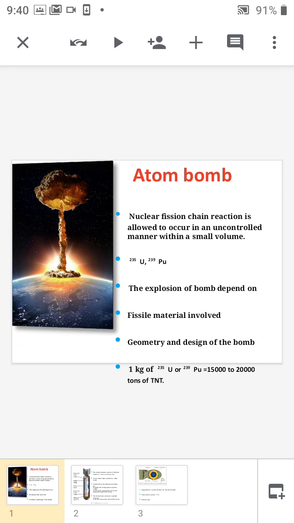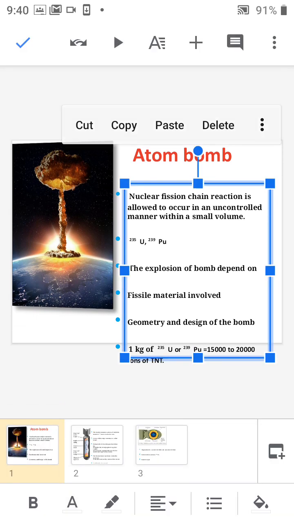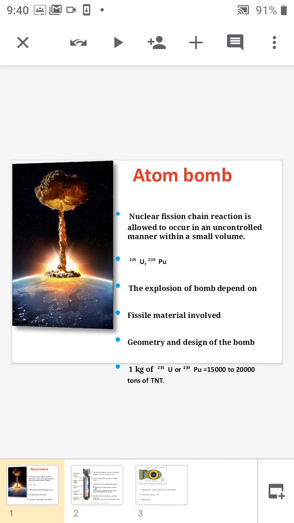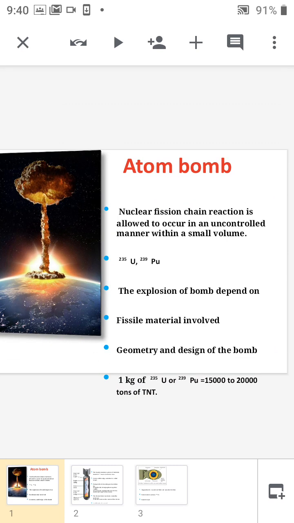So, the atom bomb is a nuclear fission chain reaction allowed to occur in an uncontrolled manner within a small volume. Usually, we use uranium-235 and plutonium-239.